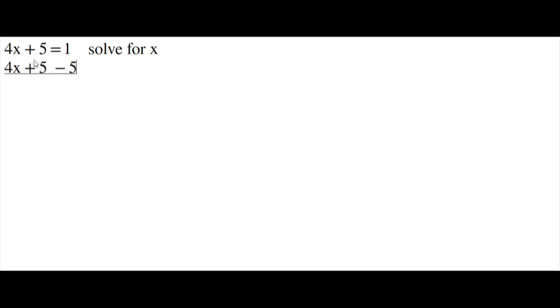Why? Because we want to get rid of this 5 to simplify it all the way down to the result of x. What equals x? That's the question you have to ask yourself. In other words, what plugged in here will give you the result of 1?